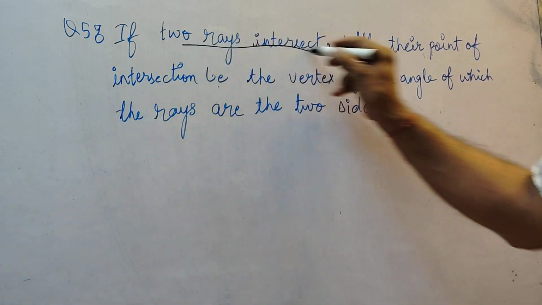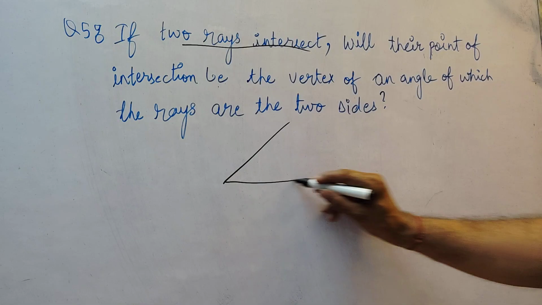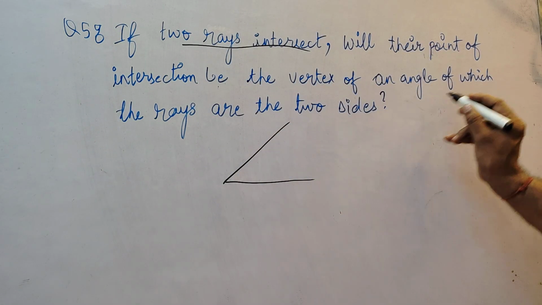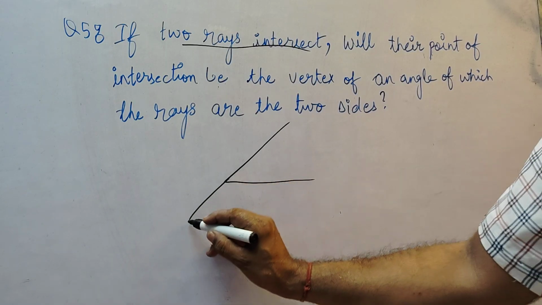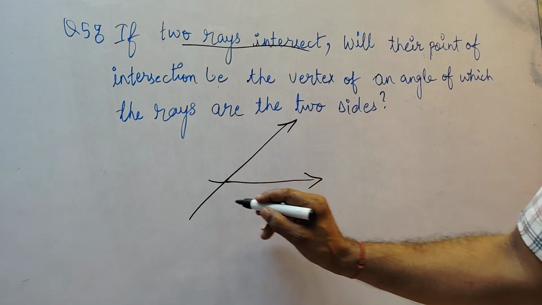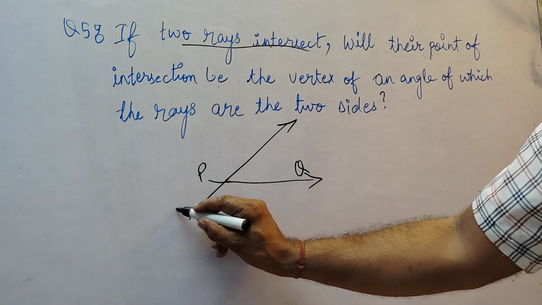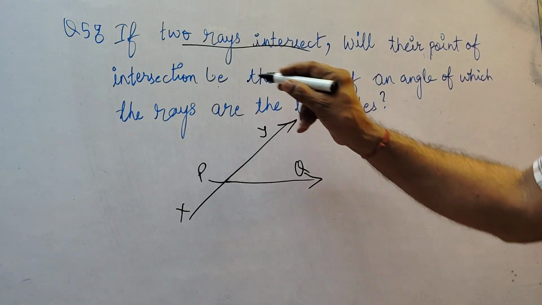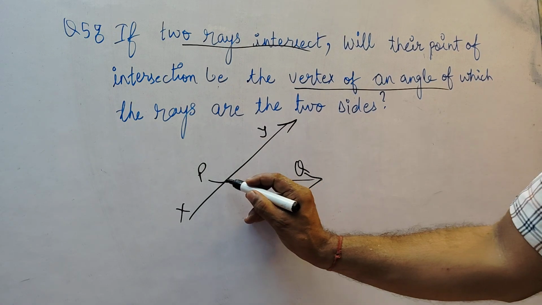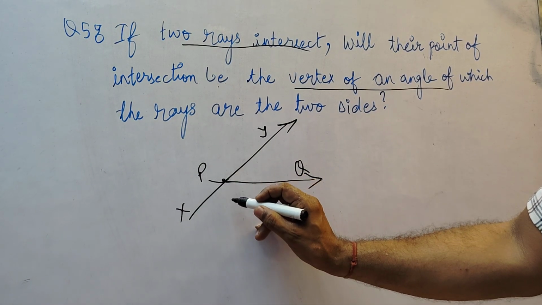So if two rays intersect, this is ray 1, and will their point of intersection be the vertex of an angle? So these two rays, PQ ray and XY ray, two rays are there. So their point of intersection will be the vertex of an angle. So this is the point of intersection, and this is the vertex of the angle.